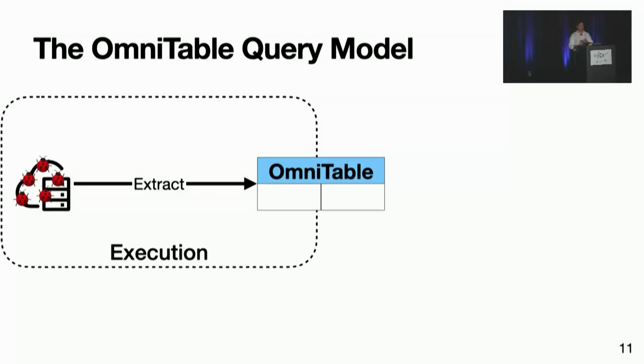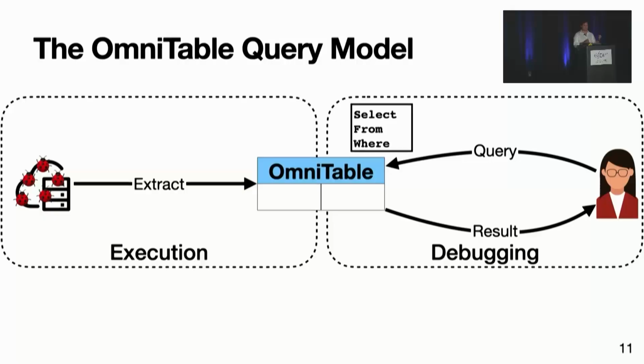And then later on, Diane can debug that execution by querying the OmniTable associated with that execution by using SQL queries. By exposing all execution state as a large table that can be queried with a high-level language, the OmniTable reduces the programming complexity of debugging without placing restrictions on what you can observe.